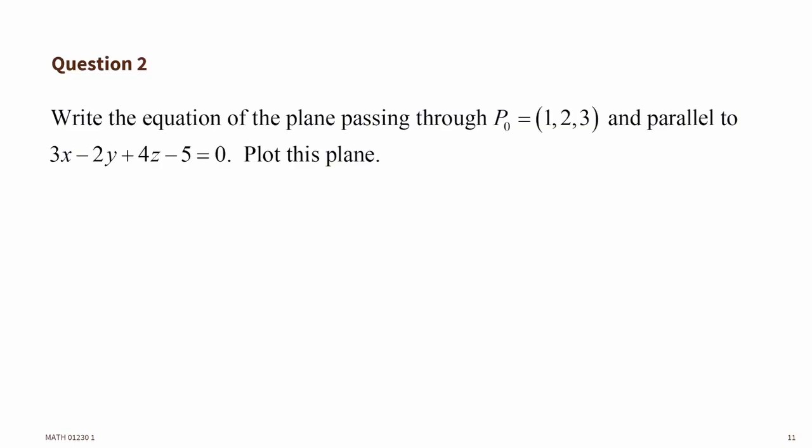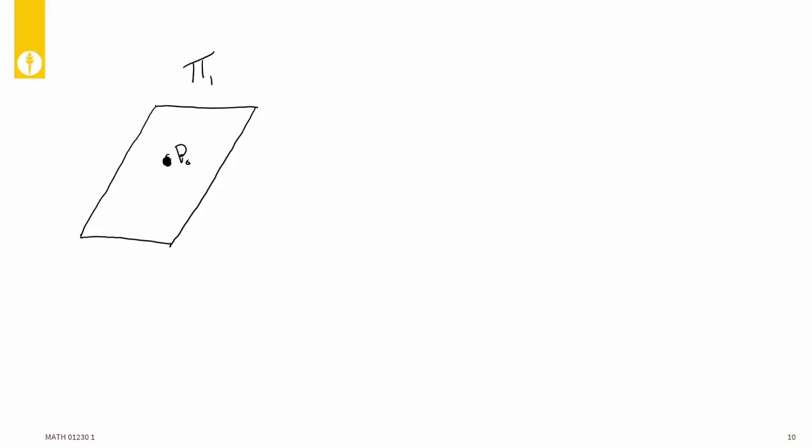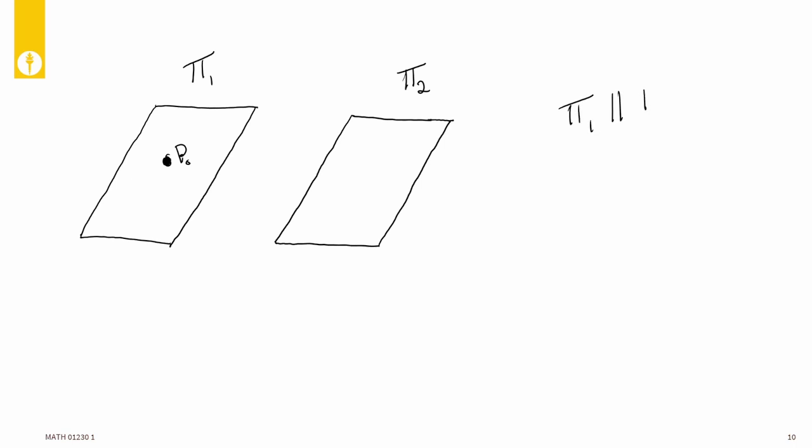The problem told us it's parallel to another plane. Let's call that plane 2. And we know that they're parallel. All they gave us here was the equation of the plane that it's parallel to.